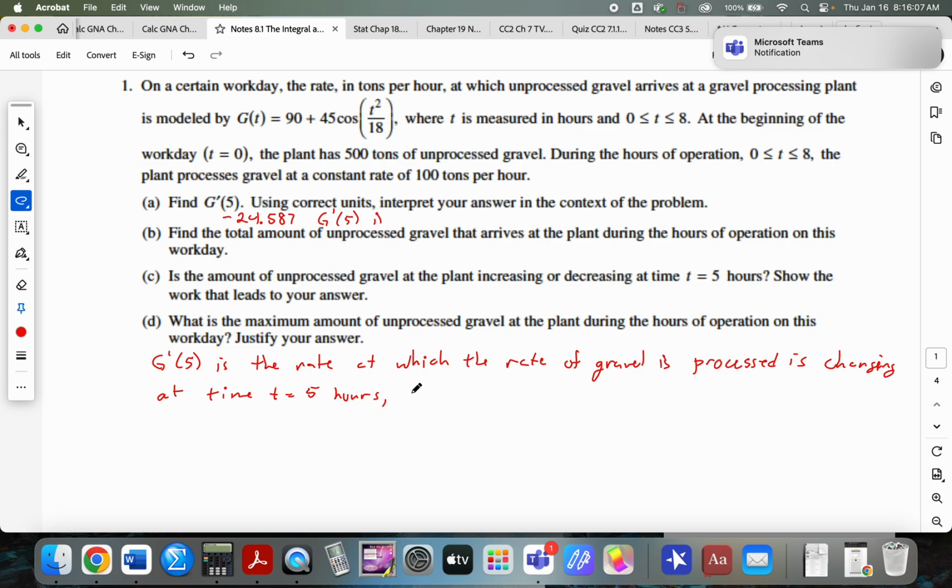We know G of t is in tons per hour, so it would be tons per hour per hour.